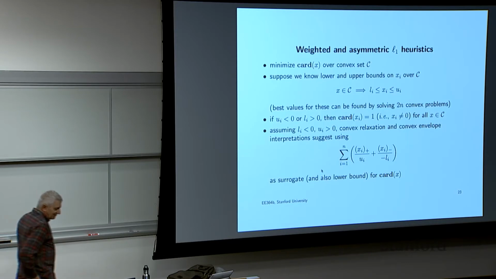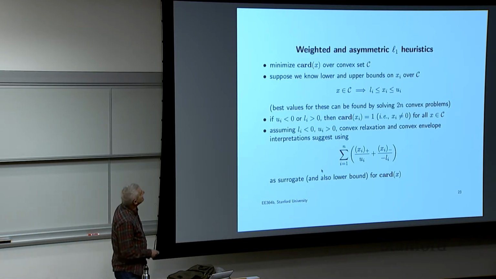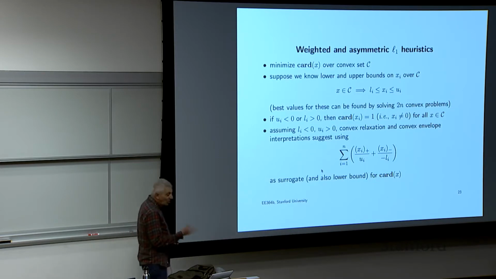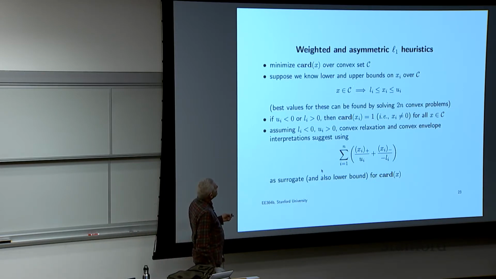Yeah, so that's just this. If you knew, for example, that over this convex feasible set x, you calculated what's called the bounding box, right? Which, by the way, I could solve for any problem if I don't mind solving 2n convex problems, right? I just maximize xi subject to x in C, and then I minimize xi.